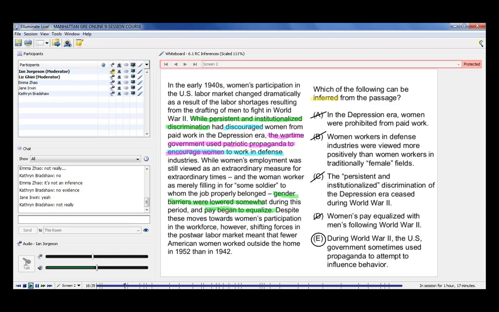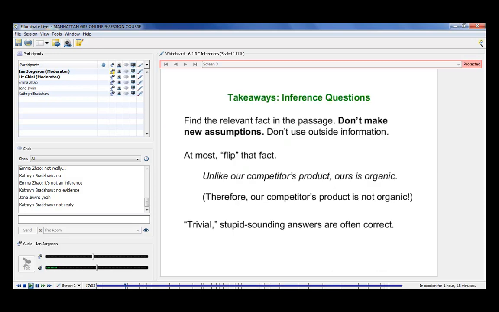I cannot find any way where it would be false. Eliminate the answers that aren't guaranteed to be true based on the information in the passage. Eliminate those answers, and what's left is ideally going to be something that doesn't say a whole lot, isn't very interesting, but at the same time cannot be argued against.